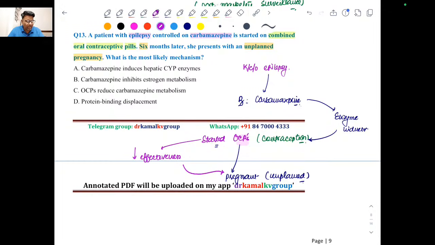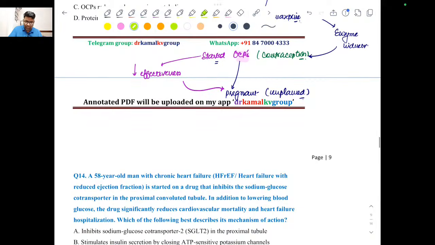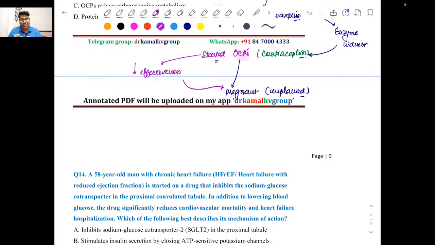Clear? Very good, Imran, very good, Kakul. So, the carbamazepine induces hepatic CYP450 enzymes, and therefore the effectiveness of OCP is decreased despite taking the OCPs regularly. So, this is a very important concept in clinical practice.